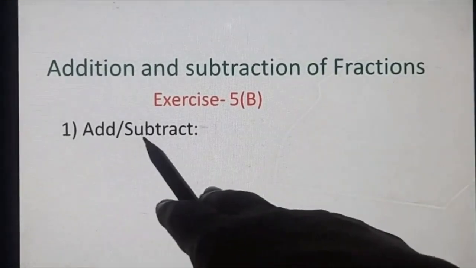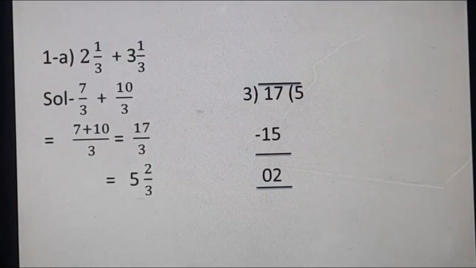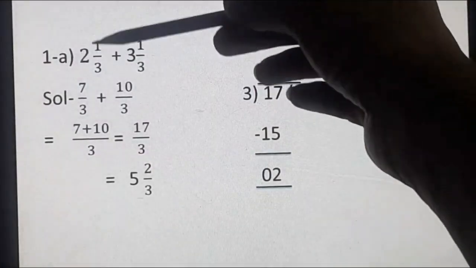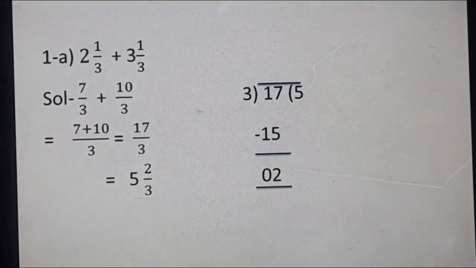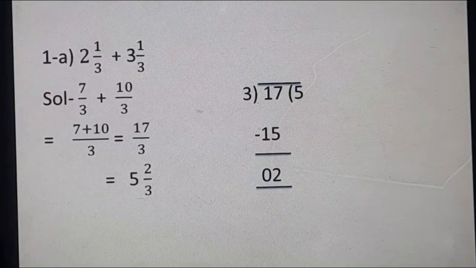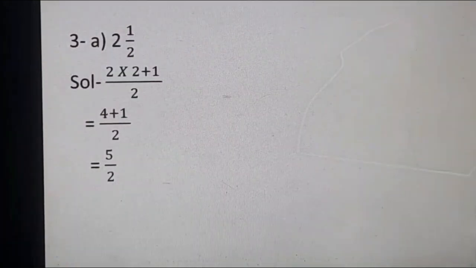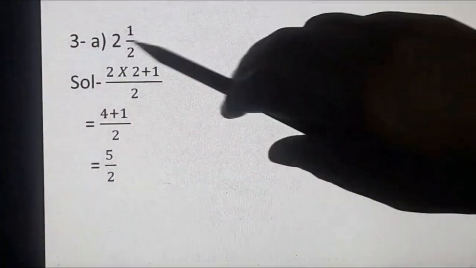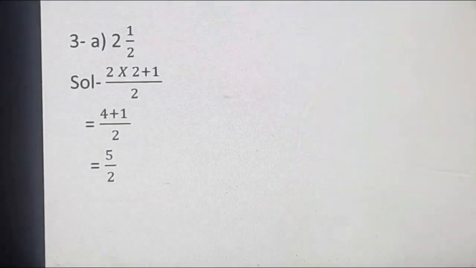Our first question is add or subtract: 2 1 by 3 plus 3 1 by 3. Before solving this, I want to ask you, do you know how to convert a mixed fraction into improper? Yes? Say this part and then tell me. 2 1 by 2, this is a mixed fraction.